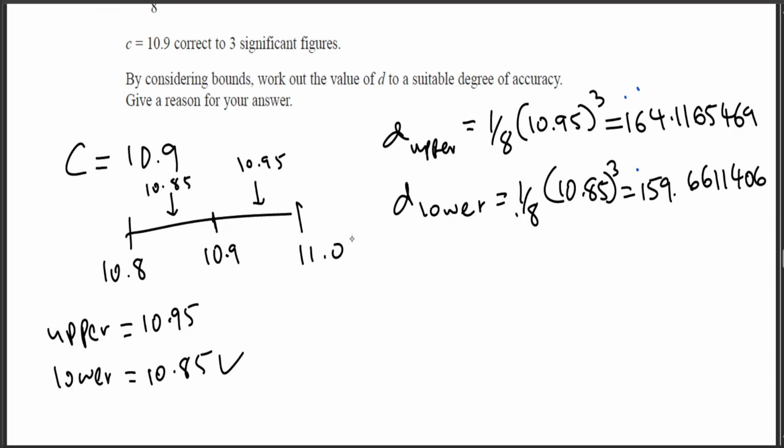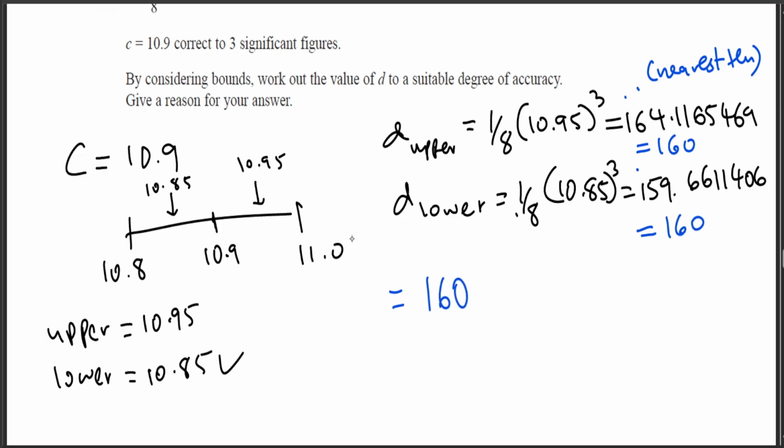Two significant figures, or rounding off to the nearest tens, gives you 160, and the other one will also give you 160.